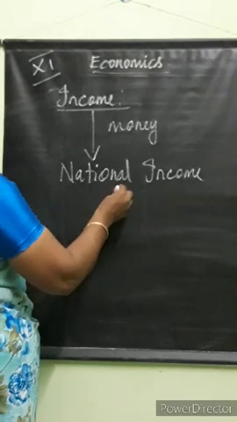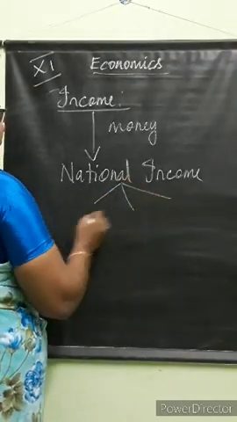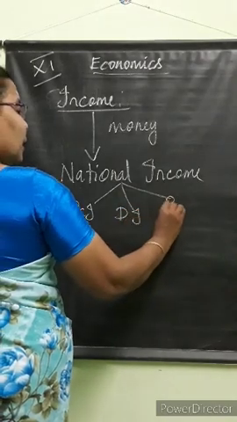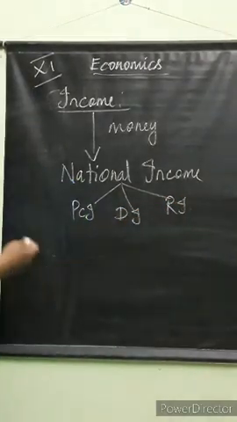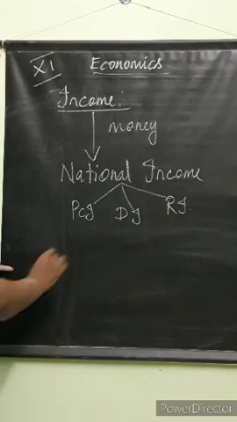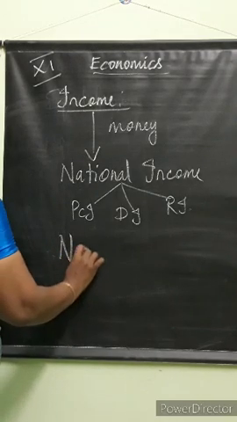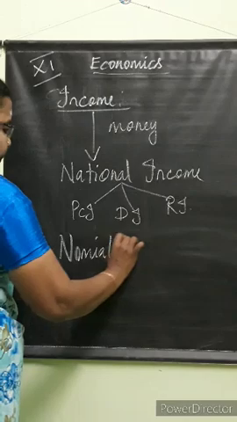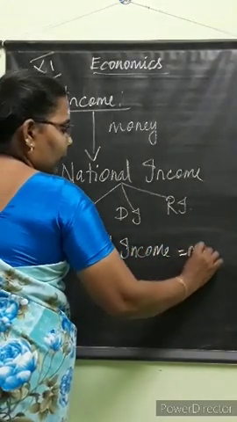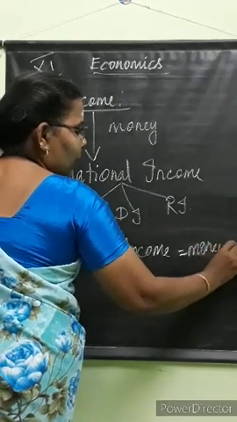While you are studying the national income topic, we will study so many incomes: per capita income, disposable income, real income. We will study so many things in detail. Here they didn't give anything about this. Here they have given only the nominal income. The nominal income is nothing but the money income which we are earning.